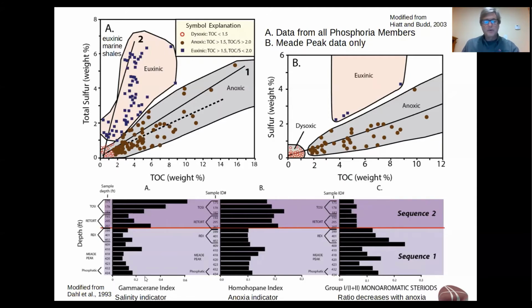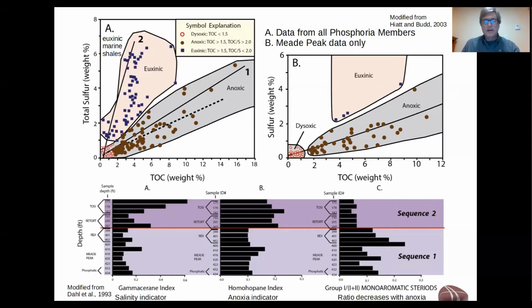And so what Dahl et al. are showing here are three biomarker indices that basically indicate that there is a difference between these two depositional sequences. This first index, the gammacerane index, is a salinity indicator, suggesting that the upper sequence was more saline than the lower sequence.